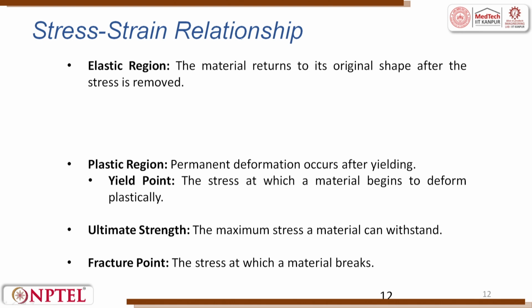Stress strain relationship. In the stress strain relationship, there are two regions, one is the elastic region and the other one is the plastic region. In the elastic region, the material retains its original shape after the stress is removed. There is a law called Hooke's law, which says stress equals Young's modulus E into strain, right.